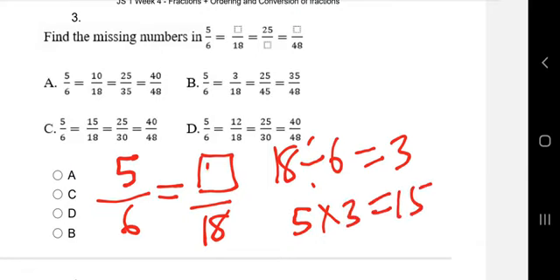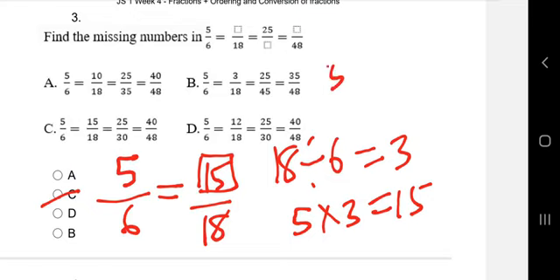So what will be here is 15. So if we look at the options, that will be option C, to have 15 over 18. Others do not have 15 over 18. So that means the answer will be C. But we have to check for others as well.